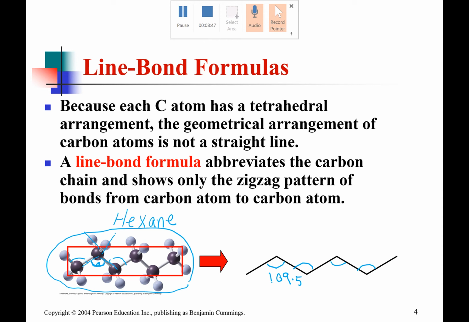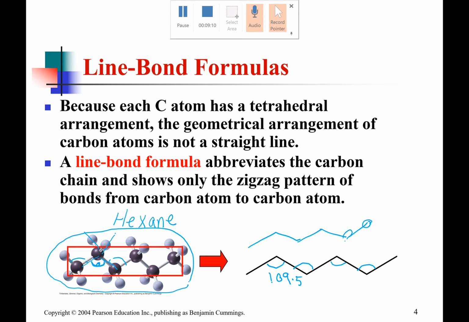This one is 109.5. So if I want to show the structure of hexane, it's not really looking like a line where the angle is 180, but the angle between the bonds is 109.5. So do you see, if we make these structures of alkanes, actually they look like zigzag structures.